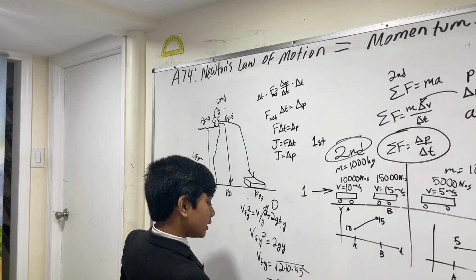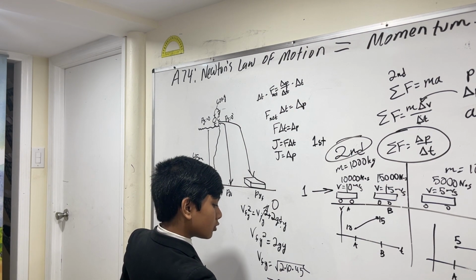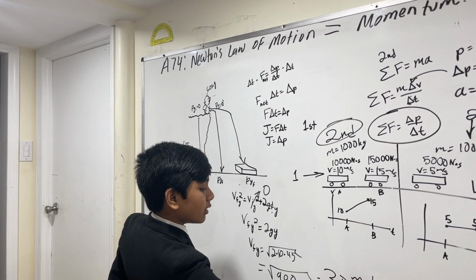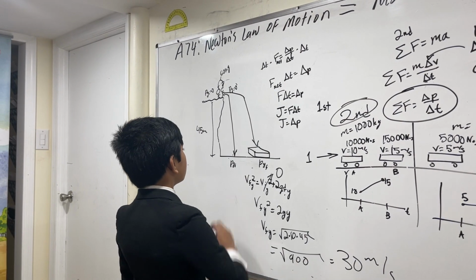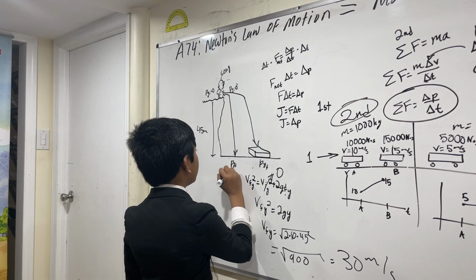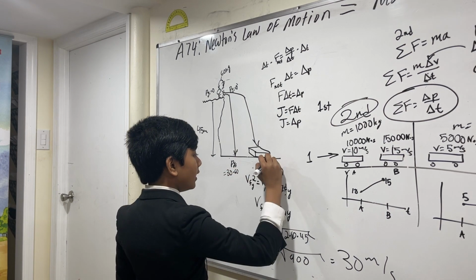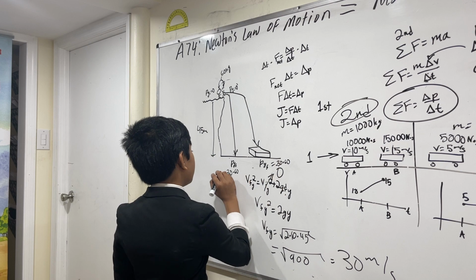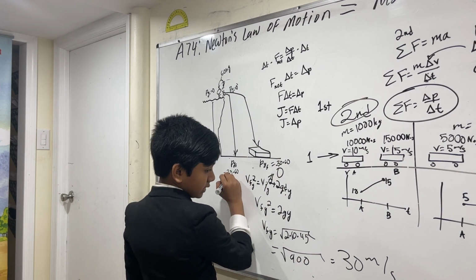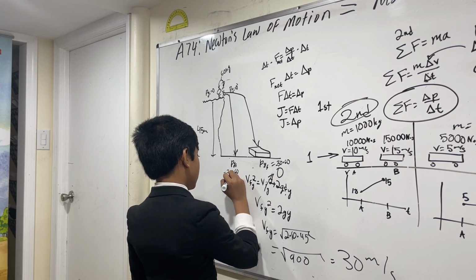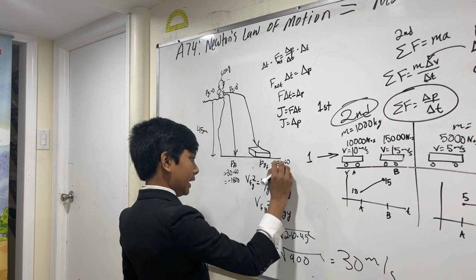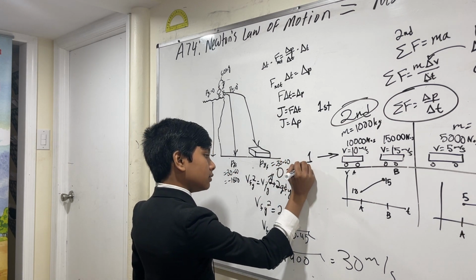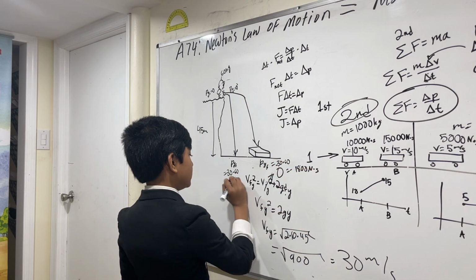So their final velocity is the square root of 900, or 30 meters per second, vertically, for both of them. So that means Py final would be 30 times 60 for this guy, and also 30 times 60 for this guy. I guess technically, Vfy is negative 30, so this would actually be negative 1800 Newton seconds on both sides.